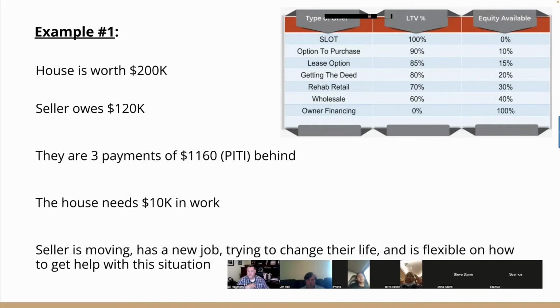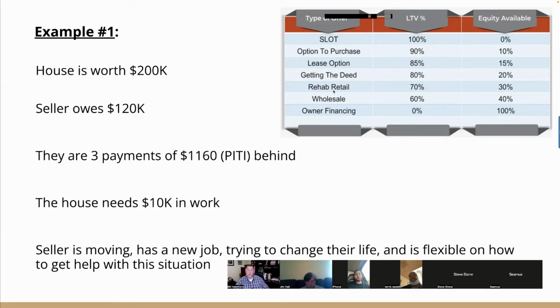You with me? Yes. So now what does that do to the deal structure? Which one do we go to now? It says it right there. Getting the deed. So mathematically, we could do any one of these deals. We could do an option to purchase and make a bunch of money. We could do a wholesale deal.